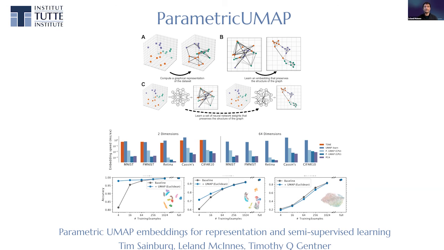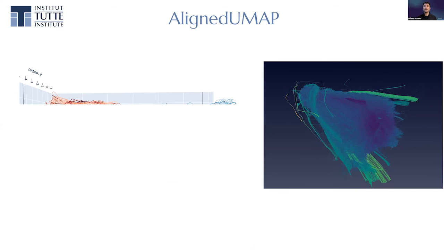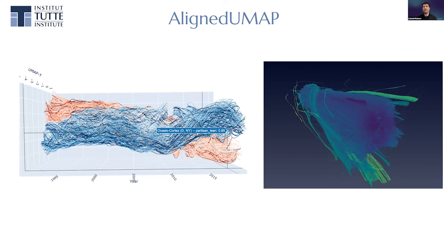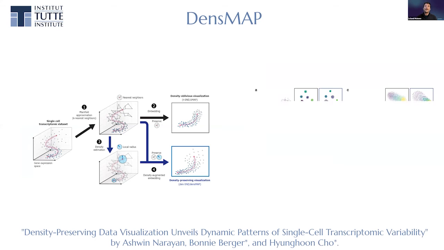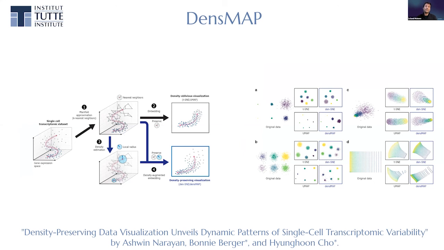We can also align sequences of 2D embeddings. Here, for example, are embeddings aligned in time. Each slice is a 2-dimensional UMAP embedding, but we can now see how those embeddings change and evolve over time. Finally, there's also DensMAP, which allows you to capture some of the differences in local density.